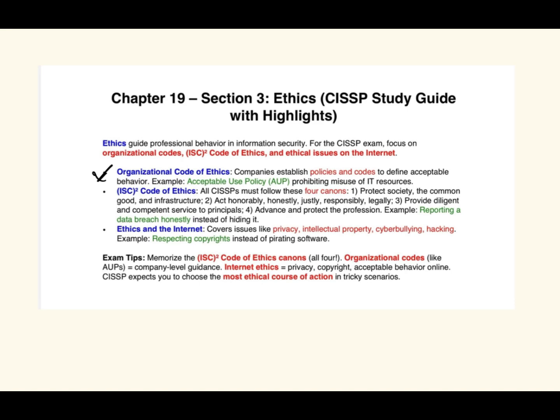Second thing is the ISC Square Code of Ethics, which must be memorized for CISSP. We need to memorize them for the CISSP exam. That is very important. In this session, in fact, we are talking about organizational code of ethics and ethics and the internet, but the most important topic is this one, the ISC Square Code of Ethics.